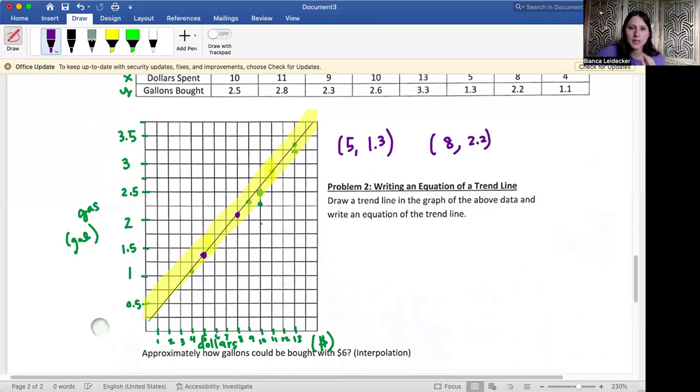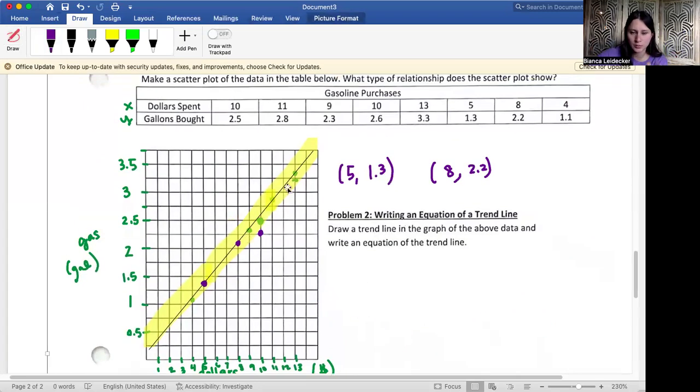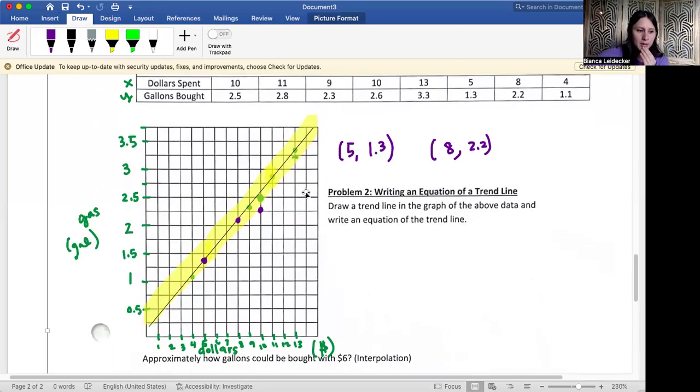And you could pick different points, but you might have some points like this one that doesn't quite trend with most of your other points. So you have some options here. And because everyone's points that they might pick will be a little bit different, your slope might vary a tiny bit, but it should relatively be similar or in the same range.